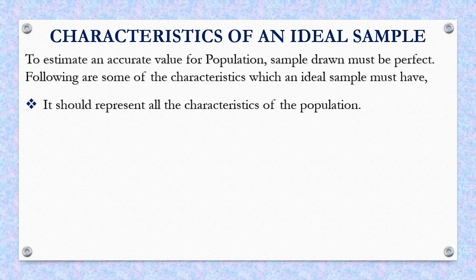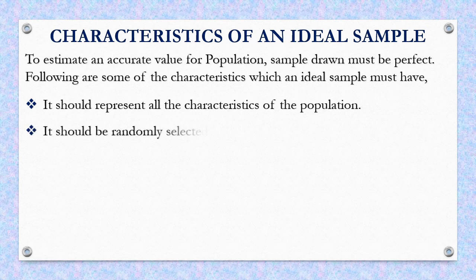If the age group of my population ranges from 0 to 100 years, the age range of my sample should also be from 0 to 100 years. Else my sample will not be a good representative of the population, and if I calculate any value for the sample, it will not be estimated for the population accurately. So all the characteristics of the population must be represented in a sample.